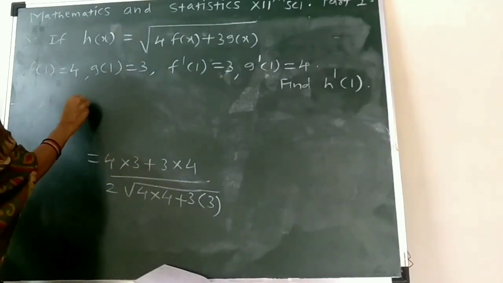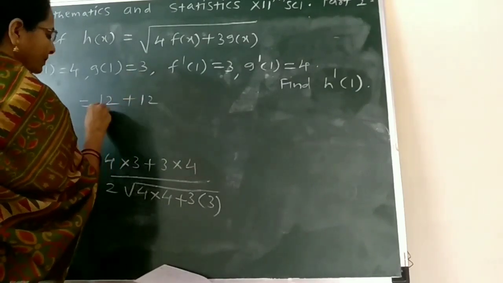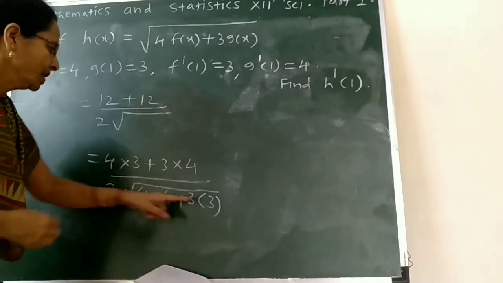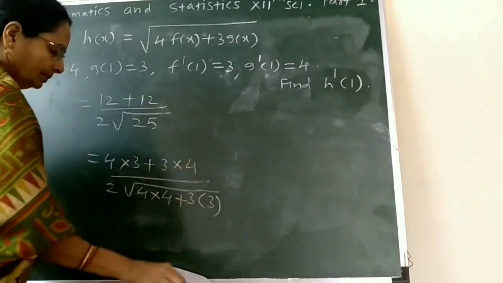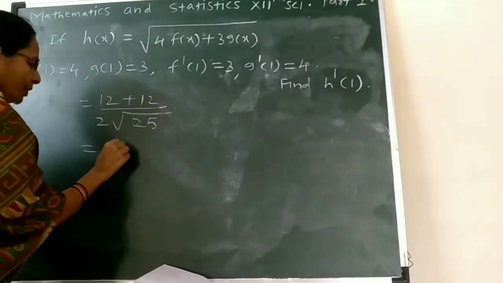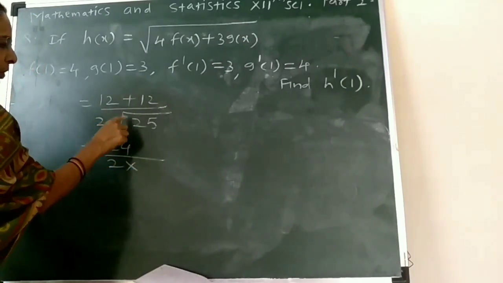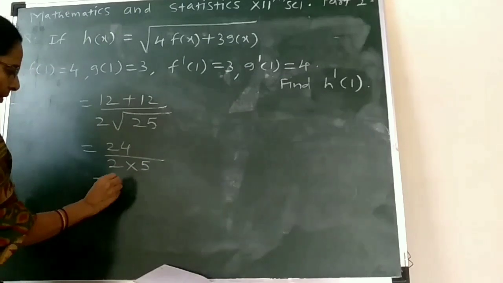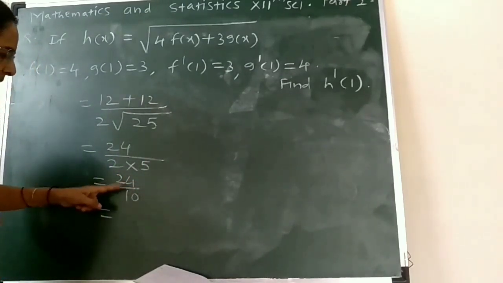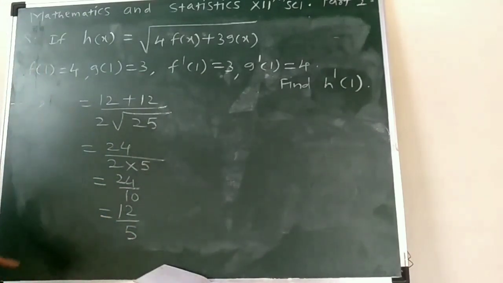Now this is 12 plus 12 upon 2 root 16 plus 9, 25. In the numerator 24, 2 root 25 is 5. 24 upon 10. By simplification we get 12 upon 5. This is the answer.